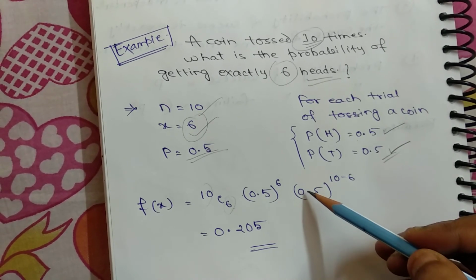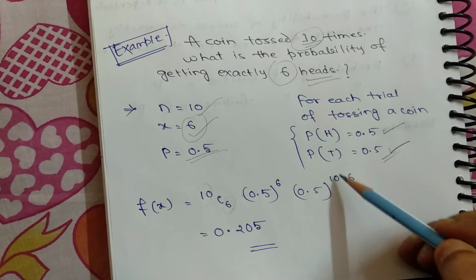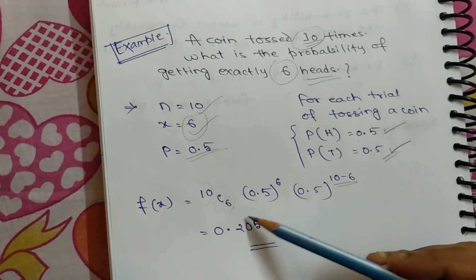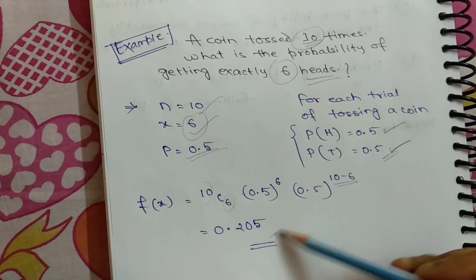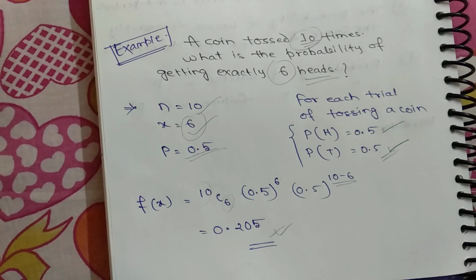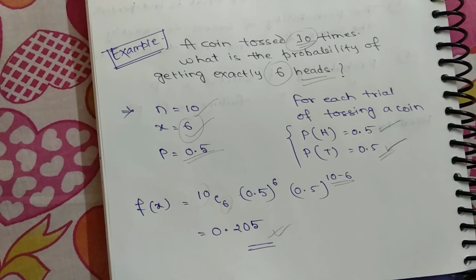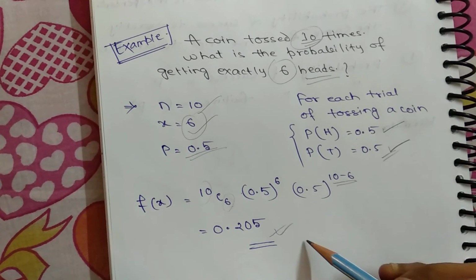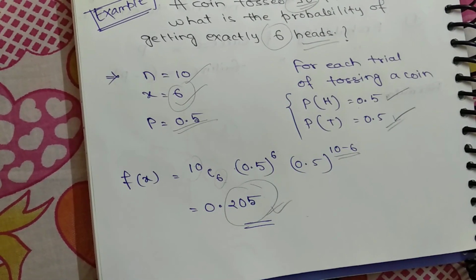So 0.5 whole power n minus x, so 10 minus 6. So the answer here is 0.205. So the probability of getting exactly 6 heads by tossing a coin 10 times is 0.205. Thank you.